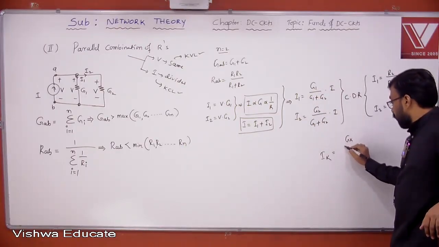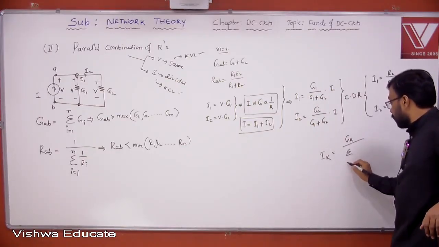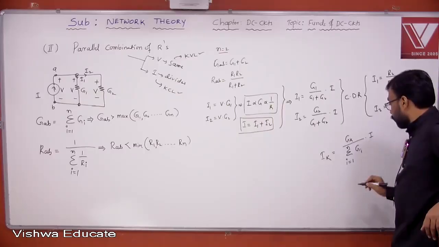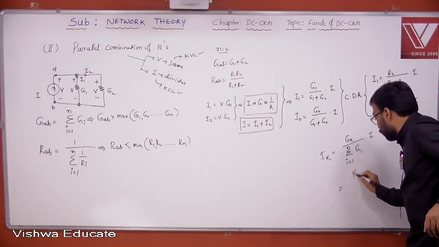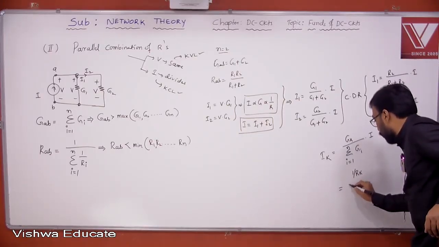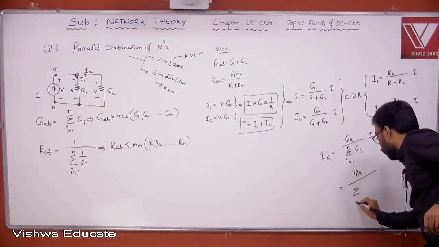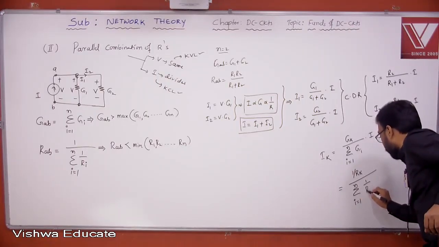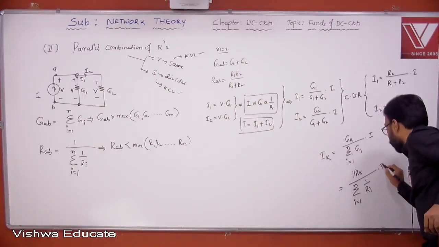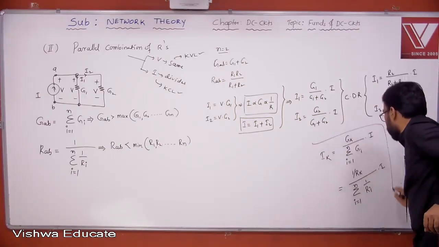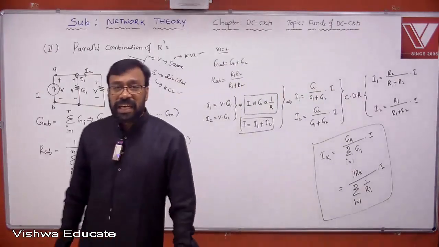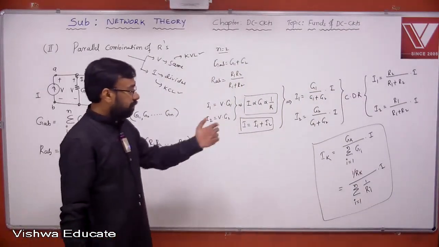Therefore, Ik = Gk / (summation i = 1 to n Gi) times I. The same thing can be written in terms of resistance: (1/Rk) / (summation i = 1 to n 1/Ri) times I. This is the expression for current through the kth element when n number of elements are connected in parallel.